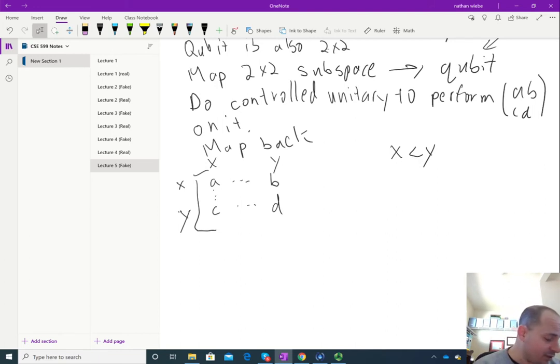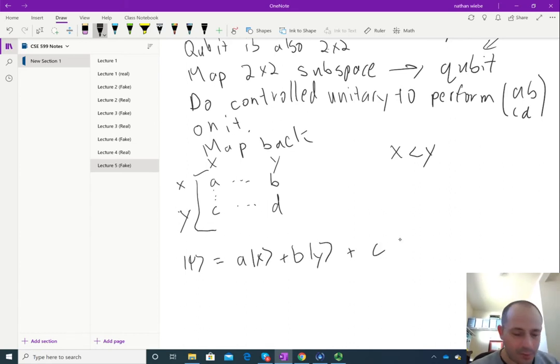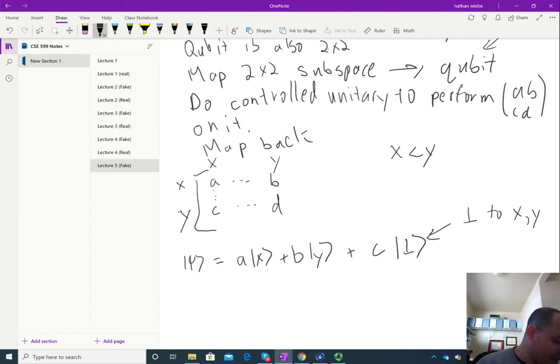So now let's begin with an arbitrary input. Let psi equal A X plus B Y plus C perp, where this is orthogonal to X and Y.